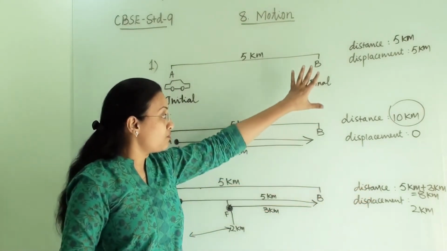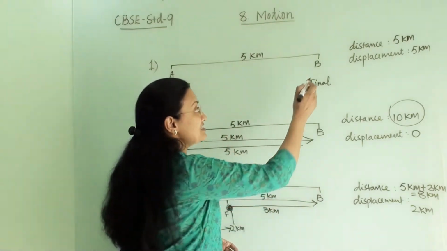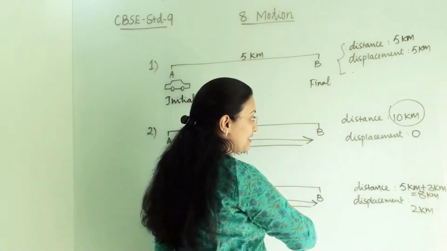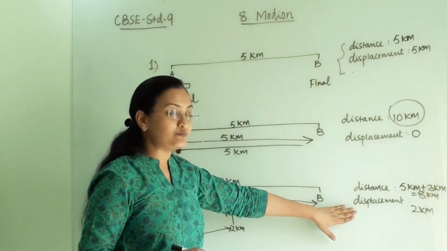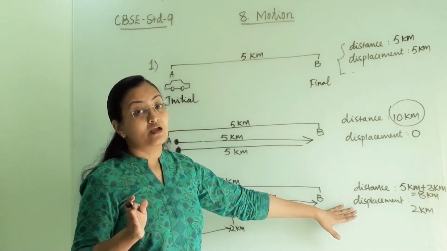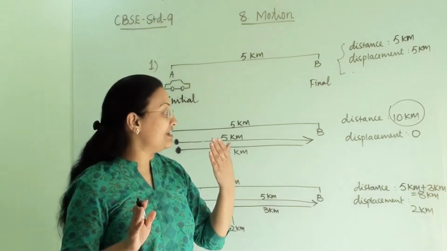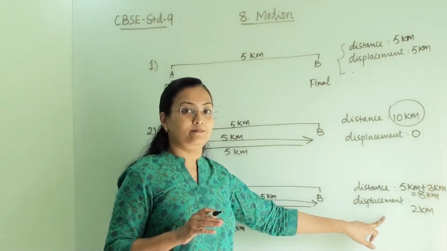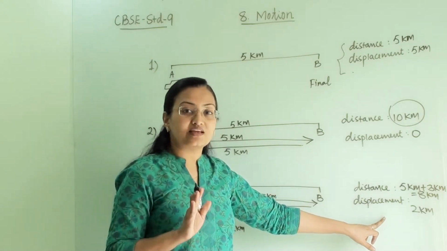So from all these three cases, we can conclude that distance and displacement can be the same. Displacement can be 0. Displacement can be lesser than the actual distance travelled. But this is also true that distance can never be lesser than displacement. Right? Distance will always be more than displacement.